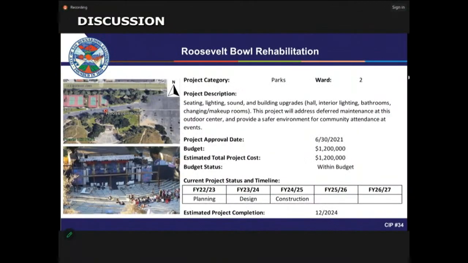The Roosevelt Bowl Rehab Project has multiple sources of funding, and you're seeing here 1.2 million. Currently, we have 600,000 from ARPA, 600,000 Measure S, and we're expecting $1.4 million from HUD, from Congressman Pat Aguilar. So you don't see it here because we haven't gotten the agreement yet from the feds, and we'll be bringing it to you as soon as the agreement is ready. Then we'll update this to reflect the final budget number.